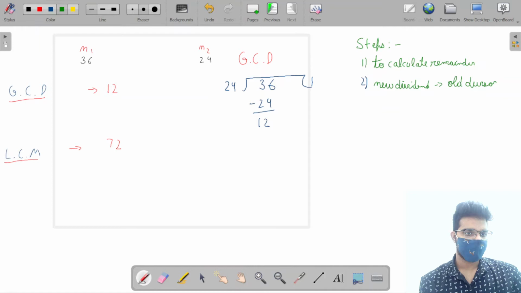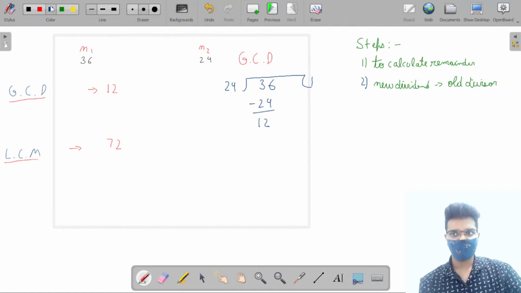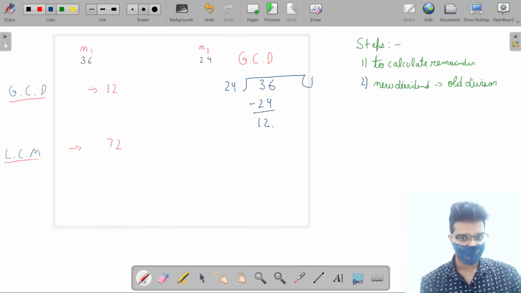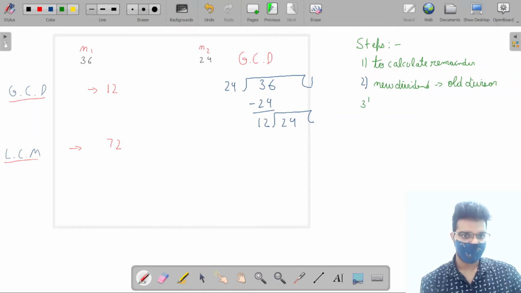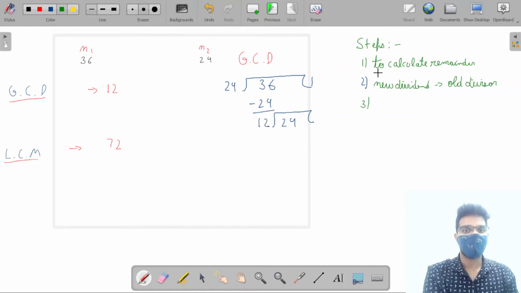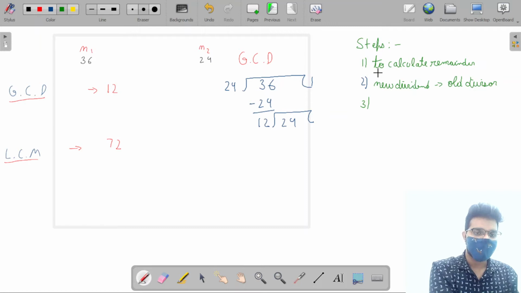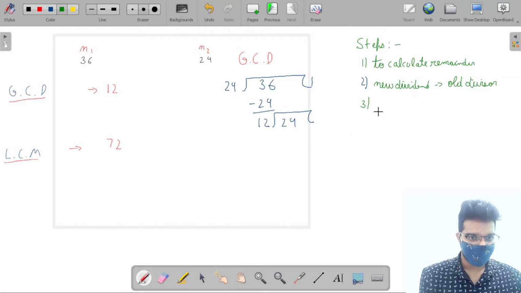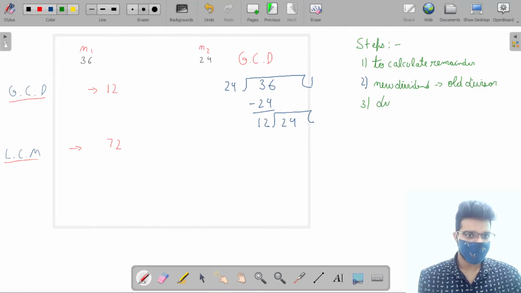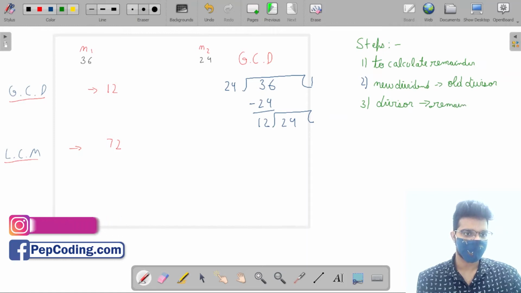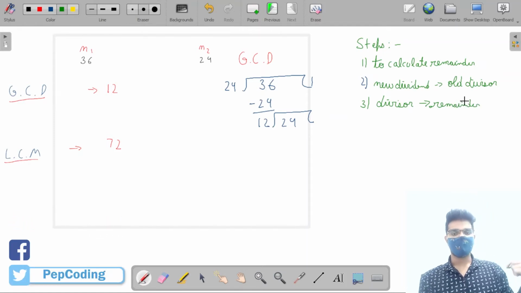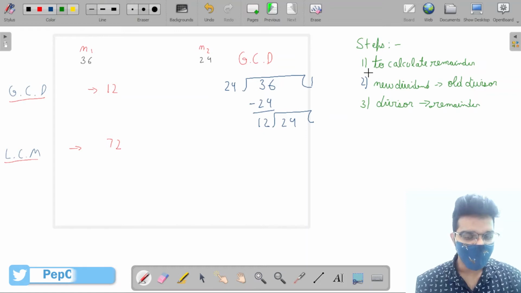In this case, my old divisor is 24, so this time my dividend will be 24. And the third step: whatever remainder you calculated will become your divisor. So my divisor will be equal to my remainder. These are the three steps you have to do to calculate your GCD.